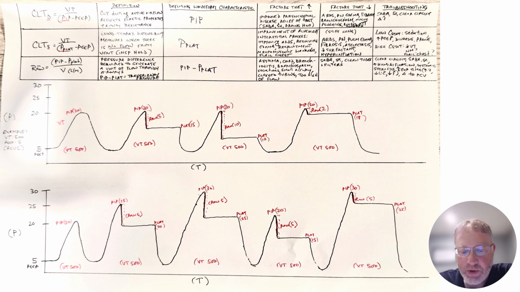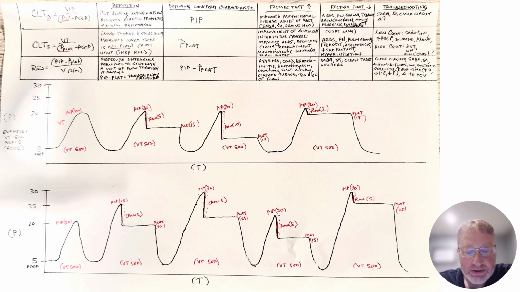But things to keep in mind, things that decrease the static compliance, so that's the compliance of the lungs themselves: anything that stiffens the lung, ARDS, pneumonia, pulmonary edema, any kind of fibrosis, atelectasis, a decrease of surfactant, hyperinflation, things like that.